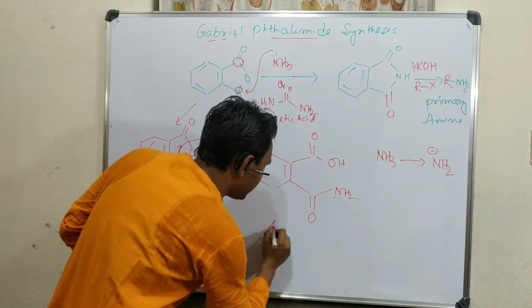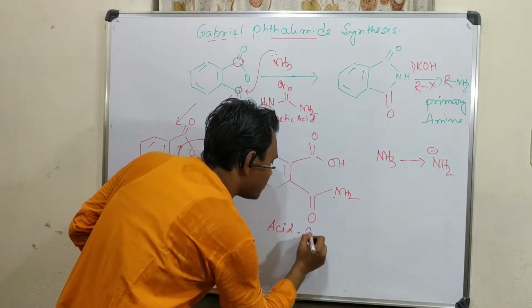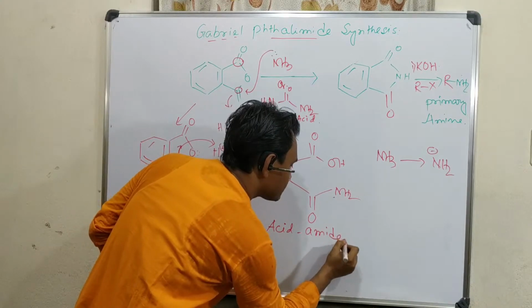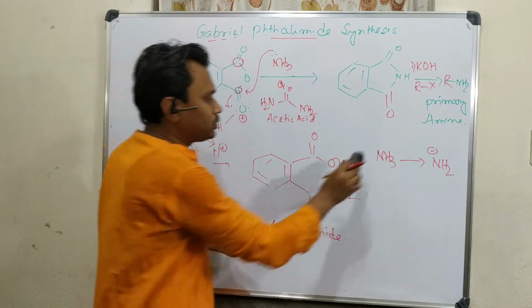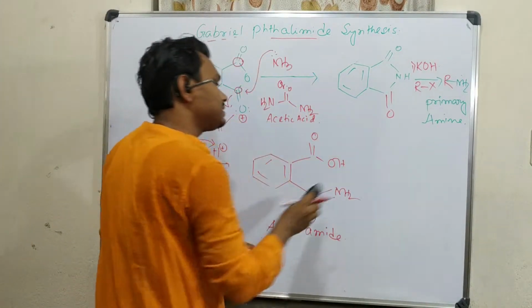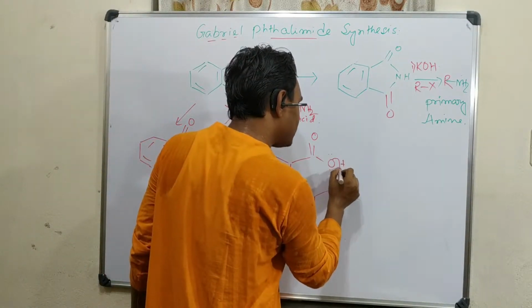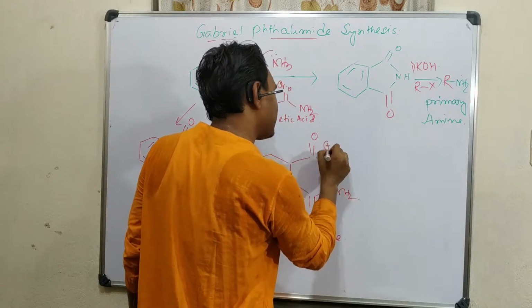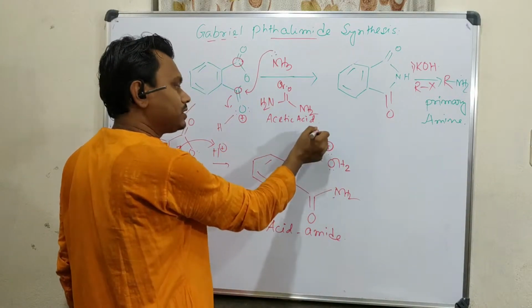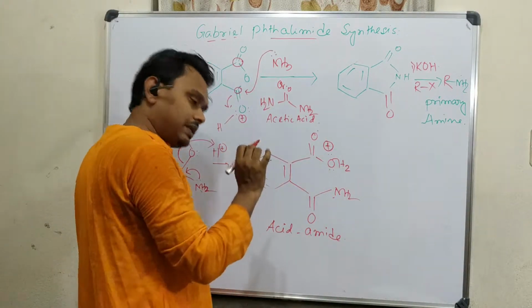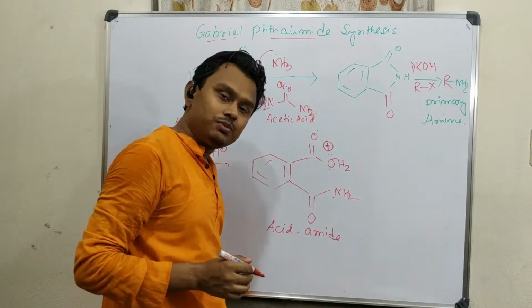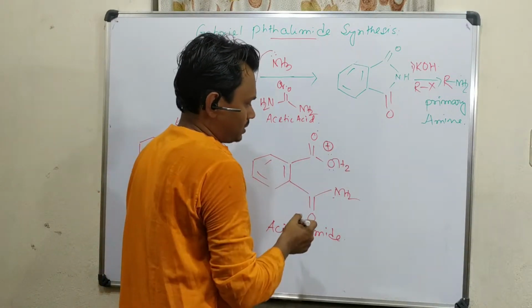Okay, this is an acid amide derivative. So what will it do then, since it is under acidic environment? This can be protonated. You can argue, okay, why will this position protonate? I agree, that will too. But this protonation is an equilibrium reaction, so this will protonate.